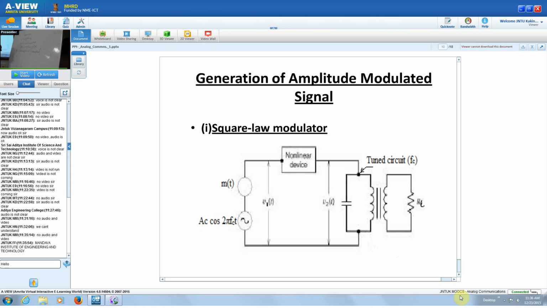We can write this again as a Ac cos omega_c t plus a m(t) plus b m squared(t) plus b Ac squared cos squared omega_c t plus 2b Ac m(t) cos omega_c t.